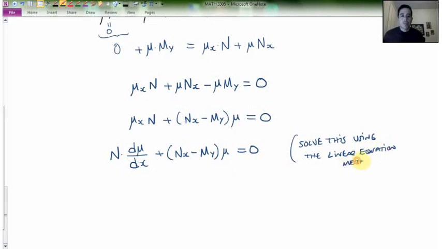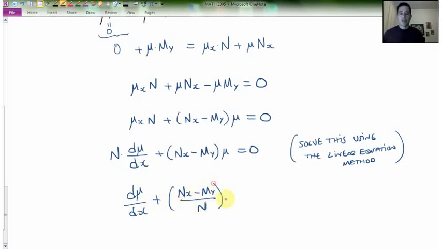And that's something that we learned. So it's an ODE, it's a regular ODE. So at this point, we're still trying to find that special mu, and we're gonna solve this ODE so we can find the mu, right? Okay, let's clear this. Let's divide both sides by n. I need to have a clean derivative here. So this is d mu dx plus, divide by n here.